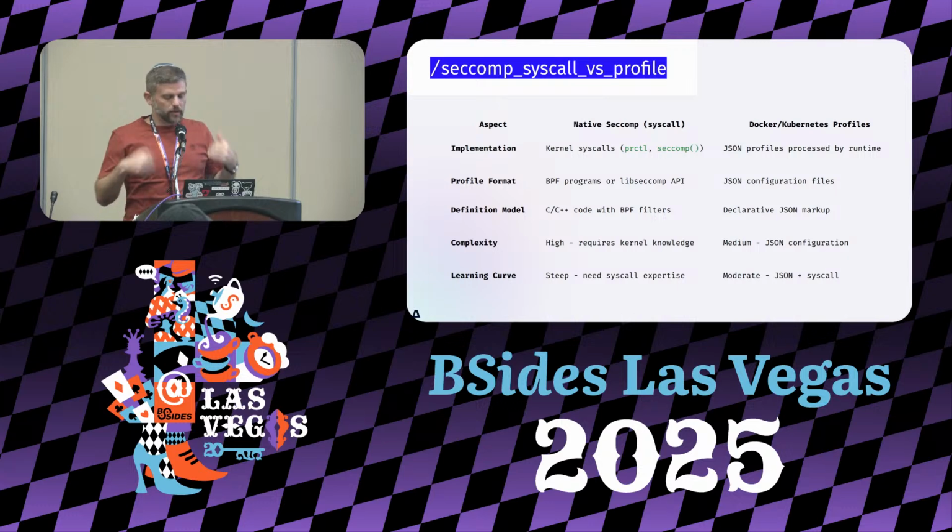So again, returning to the point that I had before, of the difference between the seccomp system call API and the seccomp profile itself. The way you're working with seccomp, in case you're using the Linux kernel API directly, is you have the seccomp system call itself, which has a man page that is super long.